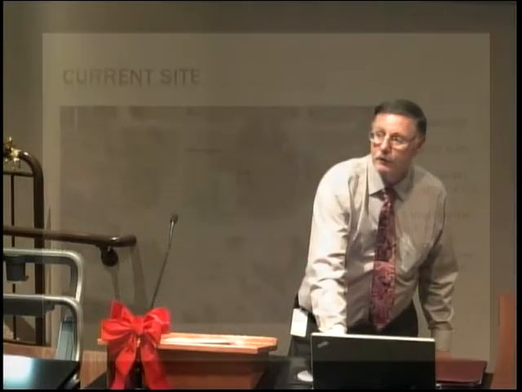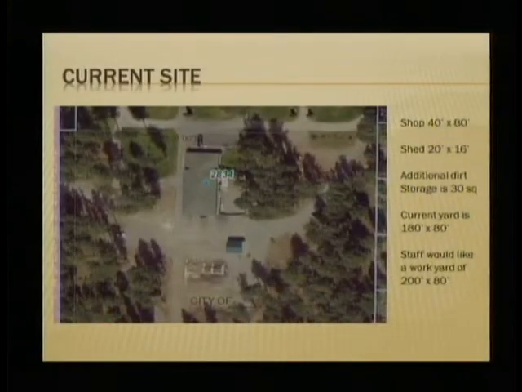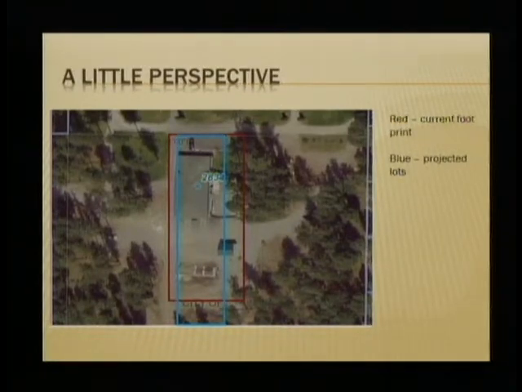Current site, just going to go over that quickly. Right now it's 180 by 80. This will show it a little bit better, gives you an idea. That red is the footprint of it. And if we laid out one of those rows in there, that's how it covers, so it uses up quite a bit of space in there.